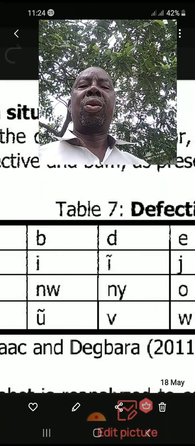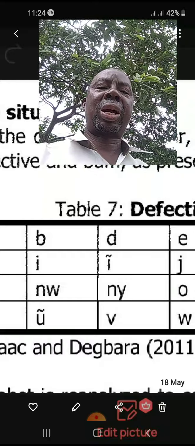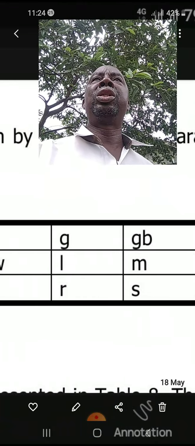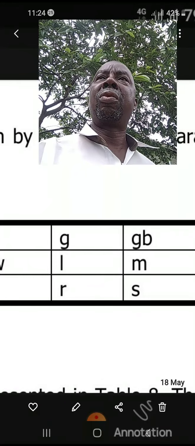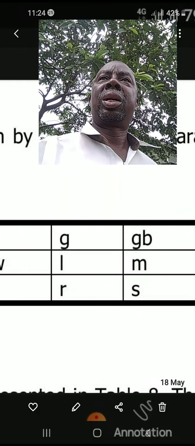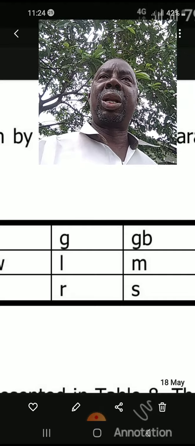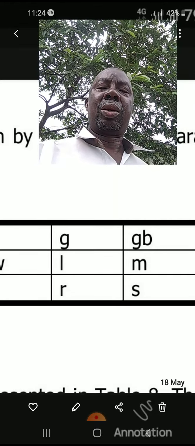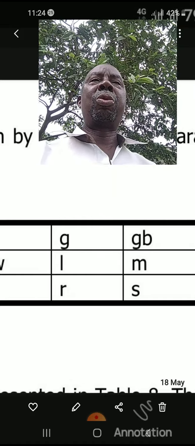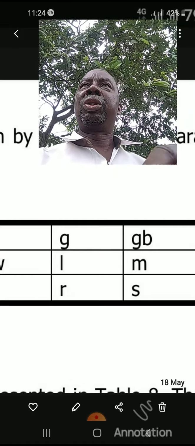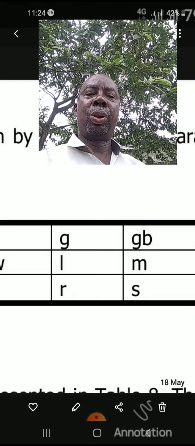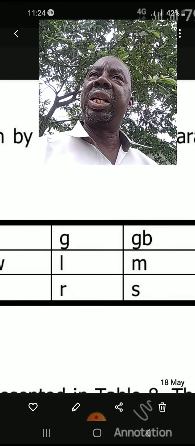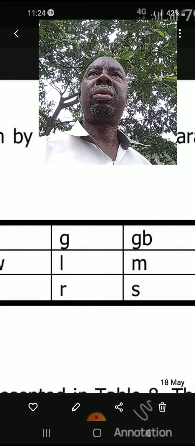Now, in case you want to write a dictionary on this language, you are classifying G like GA, as well as go, gang, and so on. Then you now jump over the GB. Instead of developing into GB, you now classify words with GB separately under one heading. That is wrong. That's what I'm saying.